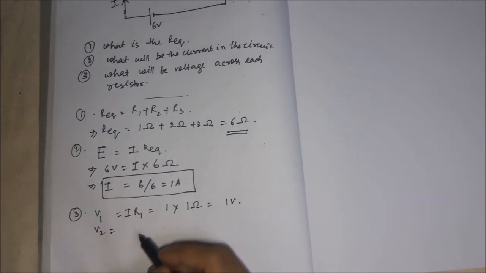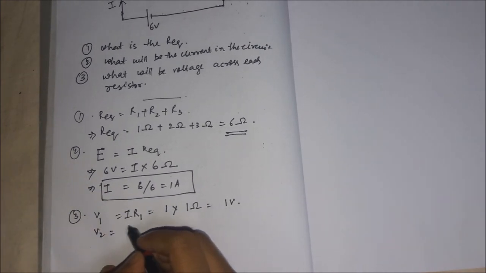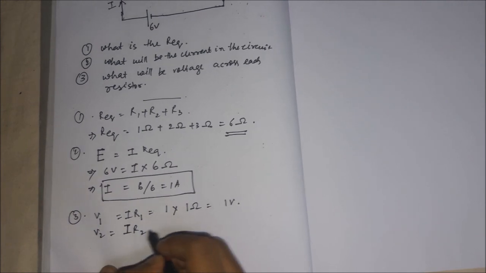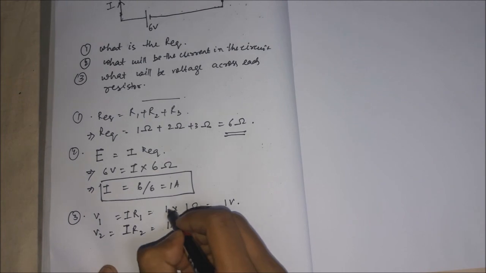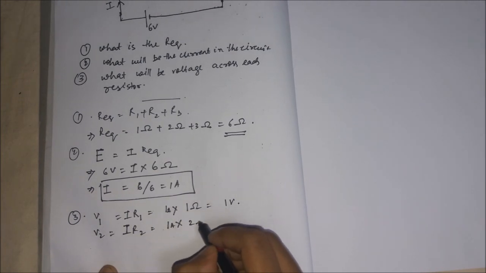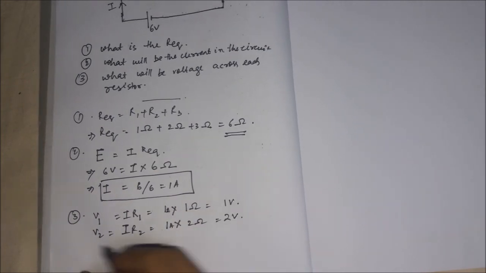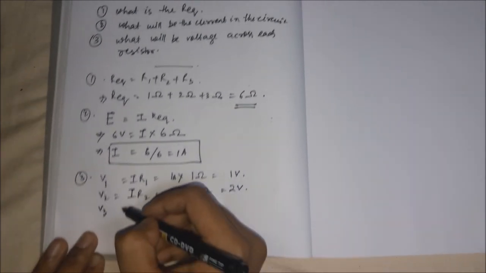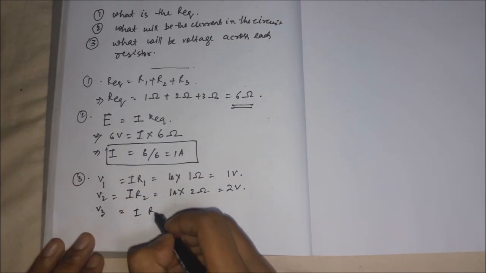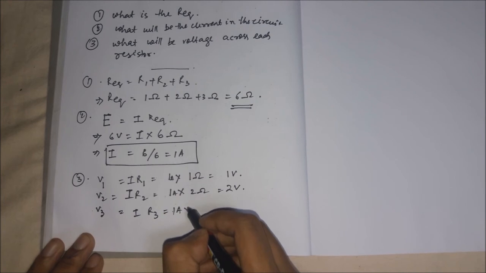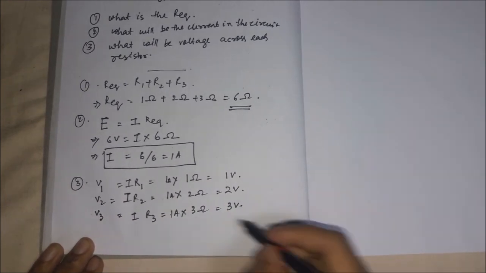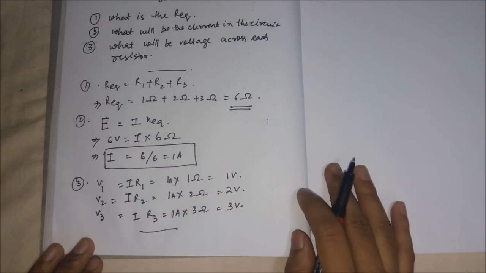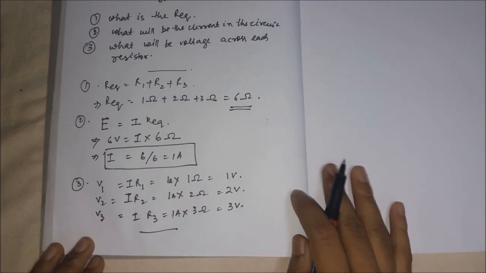Now V2, the voltage across the resistor R2, is I into R2, 1 ampere into 2 ohm, so it's 2 volt. Now V3 equals I into R3, that is 1 ampere into 3 ohm, it's 3 volts.